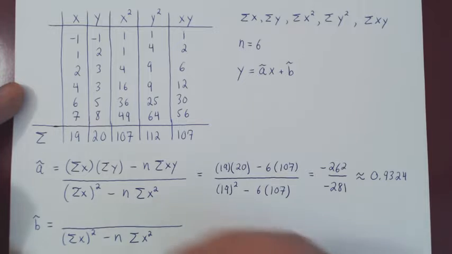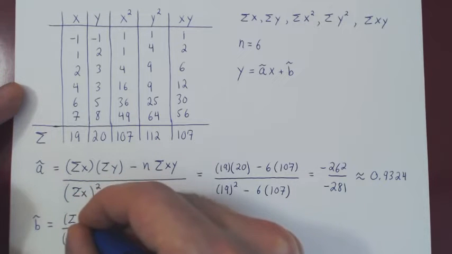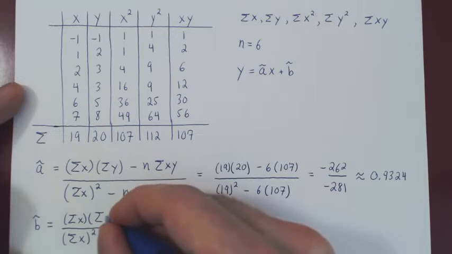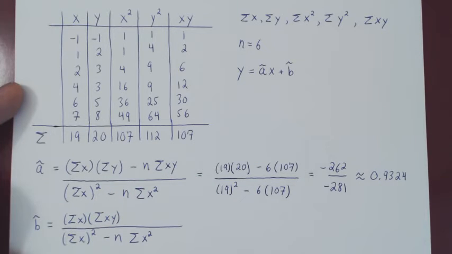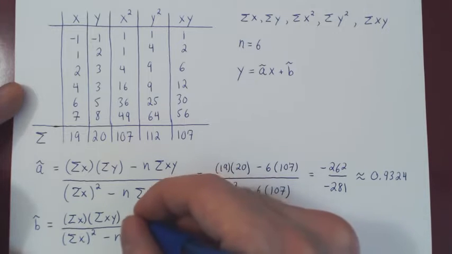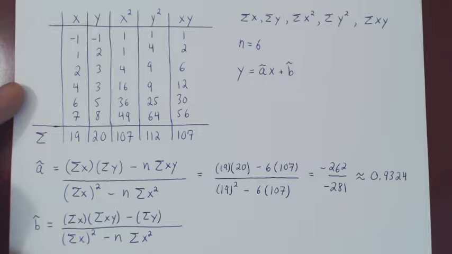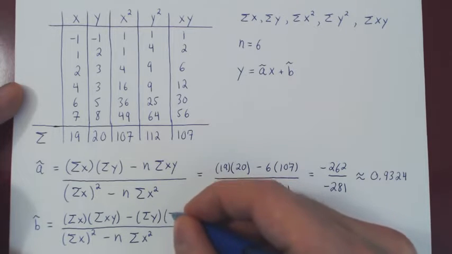The numerator is different. It is the sum of the x's times the sum of the cross terms, x times y, minus the sum of the y terms times the sum of the x's squared.